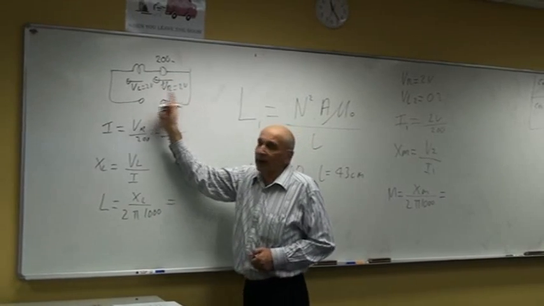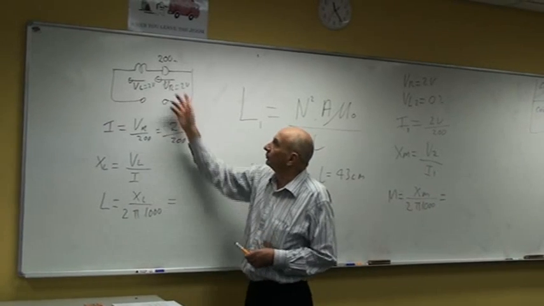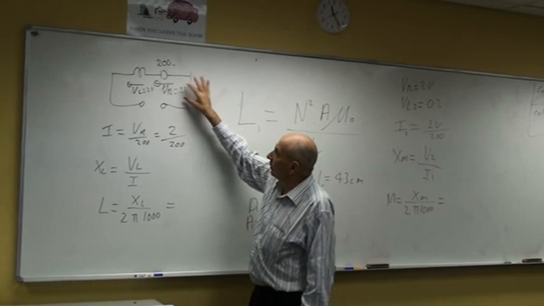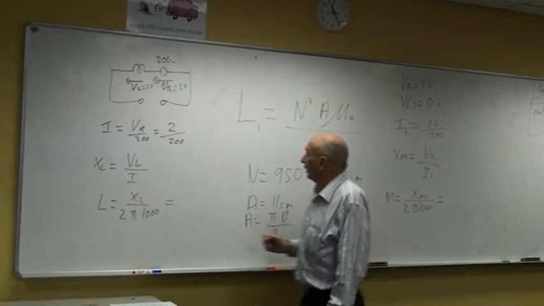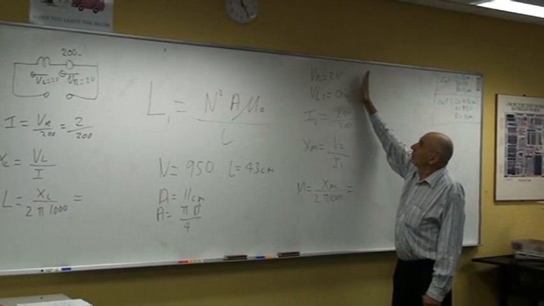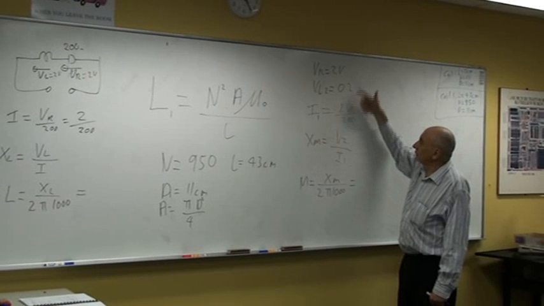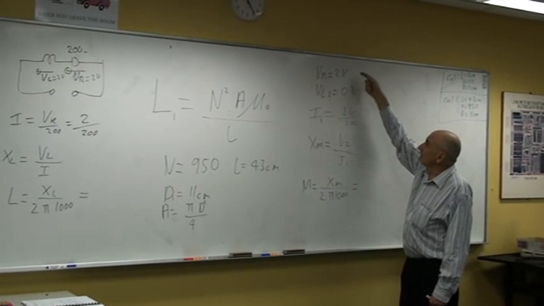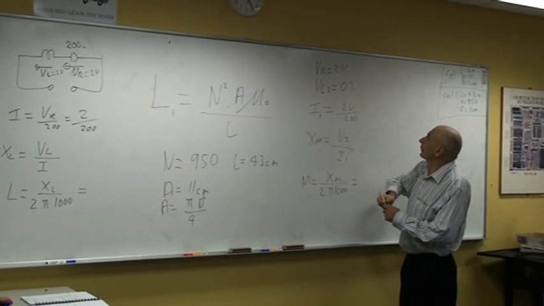You understand, they don't have to be equal. I made them equal just for ease of using the scope. So those are your numbers, put them in there, and you get your measured value of L. And finally, you go to the mutual inductance part of our lab, which is what we see here. You work out M using this process. This time VR equals 2, VL2 equals 0.2 volts.